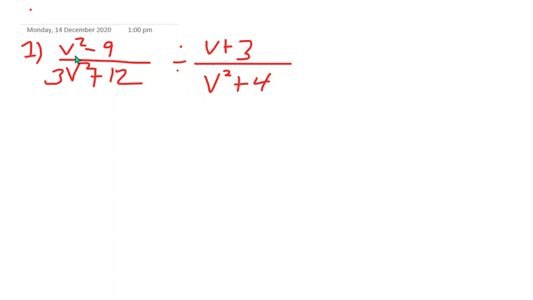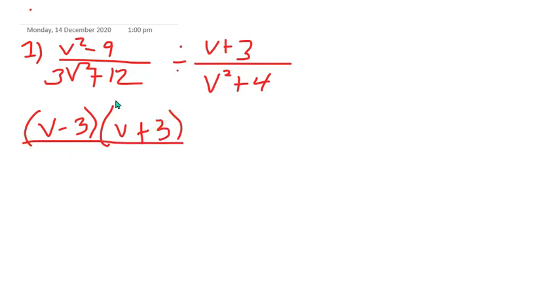We simplify the first. What kind of factoring are we going to use? Yes, it's difference of squares: v minus 3 times v plus 3. And then here, the common factor is 3. We have 3v squared plus 12 divided by 3, which is v squared plus 4.